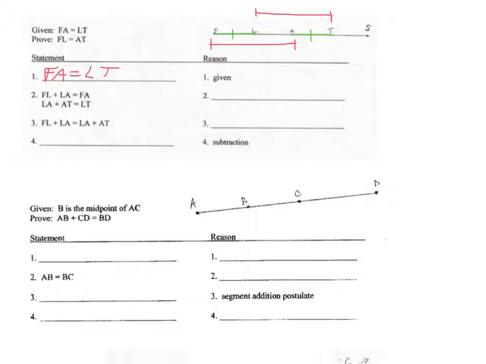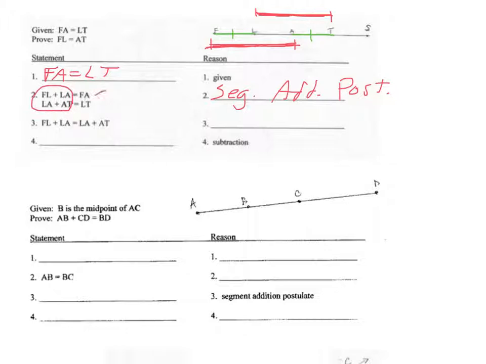Now, here we have FL plus LA equals FA, and the same thing for LA plus AT equals LT. That is the segment addition postulate. Now if you look at number 3, we have FL plus LA equals LA plus AT. Well, these two are equal to each other. How can we go there?